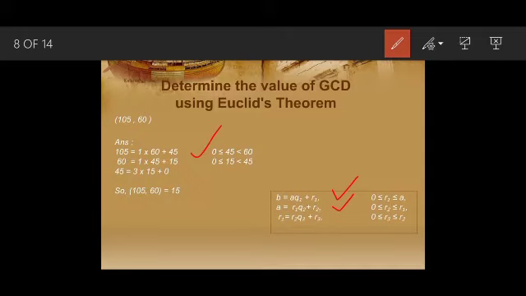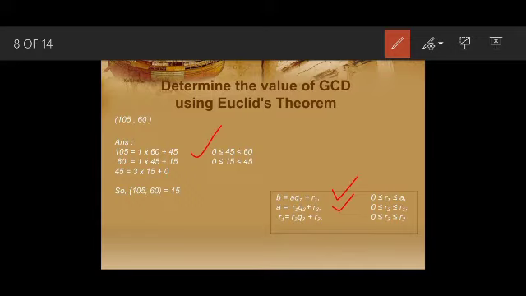Since 2 times 45 is greater than 60, we take 1. 1 times 45 equals 45. 45 plus how much makes 60? 45 plus 15.